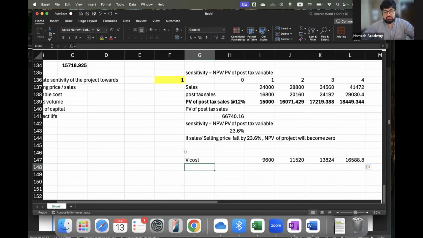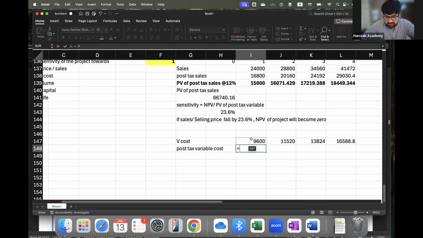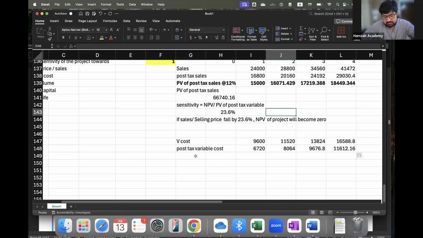Now how to calculate it? Post-tax variable cost at 30%. This into 1 minus 0.3, same. Post-tax variable cost.